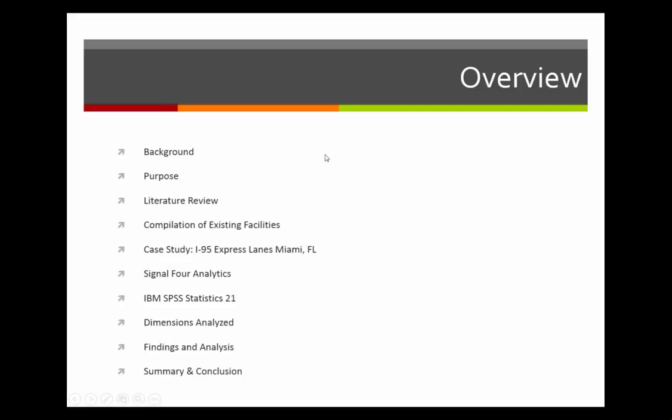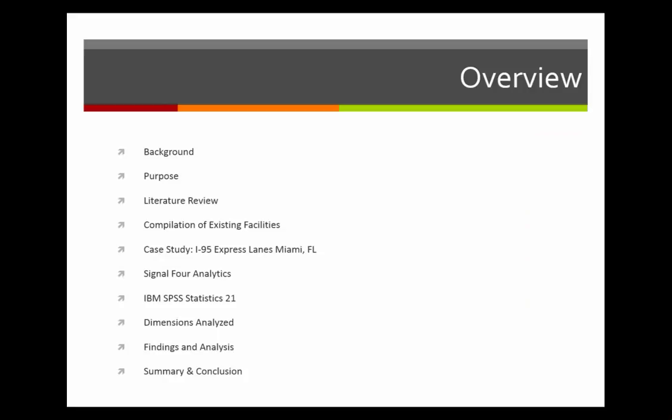So just a brief overview. First, I'm going to go through the background of the project, then the purpose, why we're doing this, and the literature review and the compilation of existing facilities, which is what I specifically worked on and what I contributed to the research project as a whole.